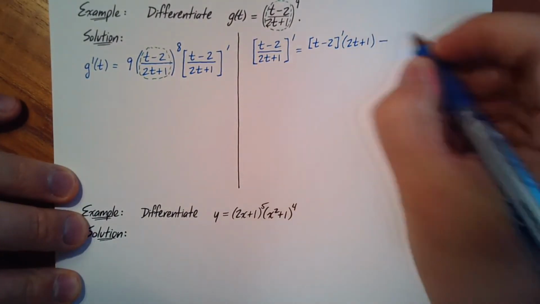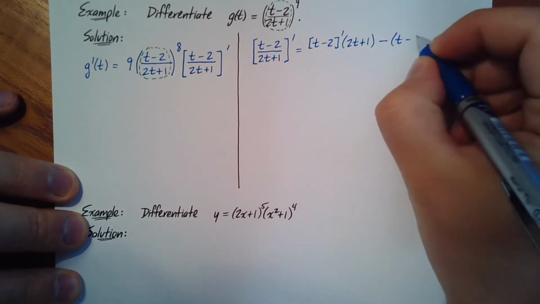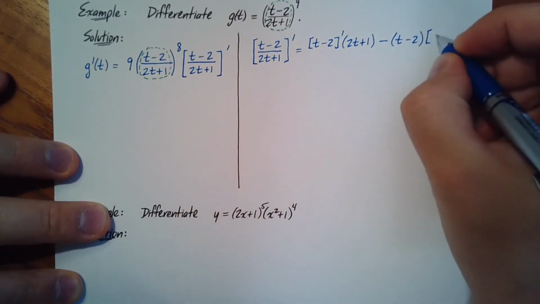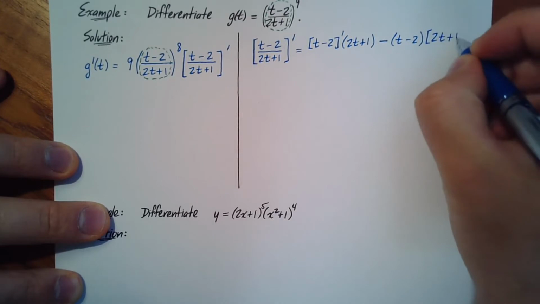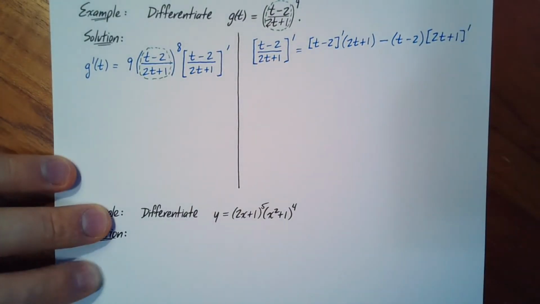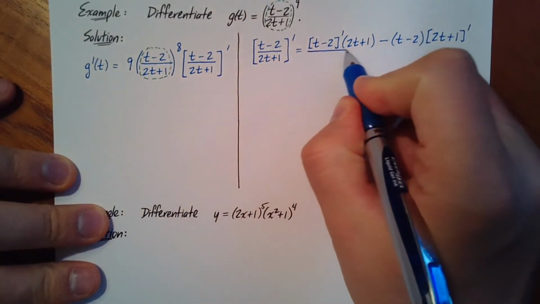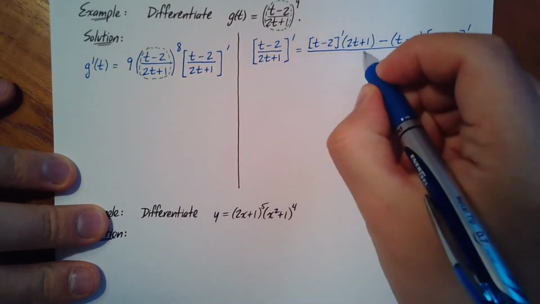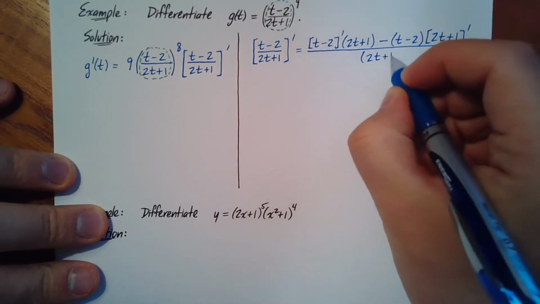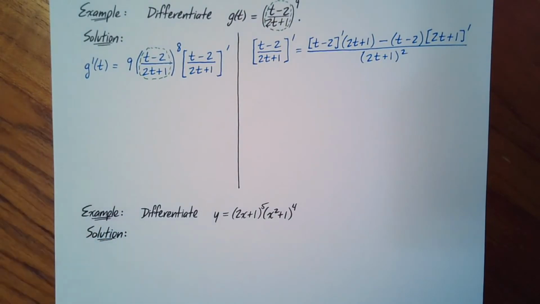Then we're going to subtract the numerator, left alone. Don't take its derivative, but then you do take the derivative of the denominator. So that's the quotient rule. But of course, we have to also divide by the square of the denominator. So that is the quotient rule application.